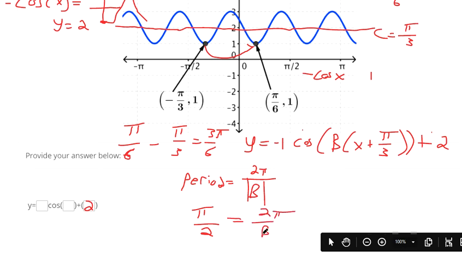And now we can work on getting b by itself so we can plug it into the equation. So you can multiply b to both sides, get it out of the denominator, divide both sides by pi over 2, or in other words, multiply by 2 over pi. So you get 2 pi times 2 over pi, which is 4. So we just found out b is 4.